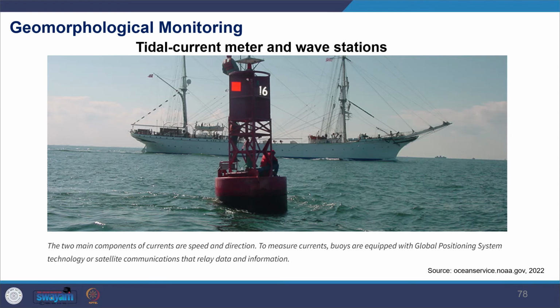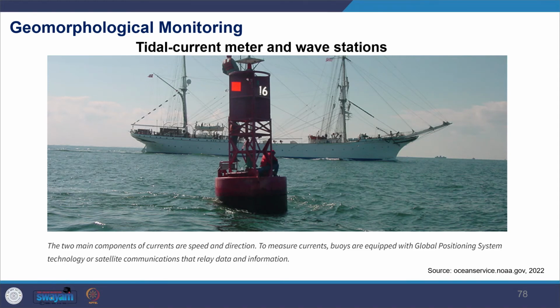You have sediment sampling, and with that, bathymetric and topographic surveys can also be done. And then you also have LiDAR, laser induced direction and ranging, the measurement of distance using a laser, and aerial photography, which can be used. In this image you can see a tidal current meter and wave station.